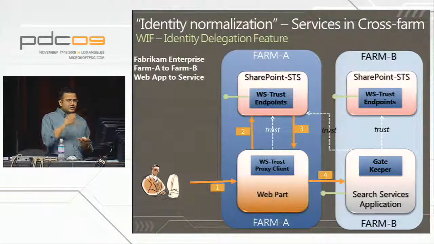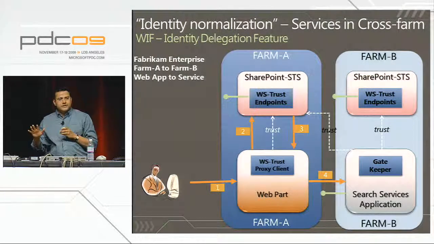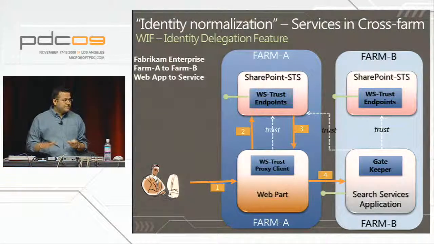And then check the claims, yes, it's available, and let the user in. Okay? So that's the flow in the cross-form scenario.